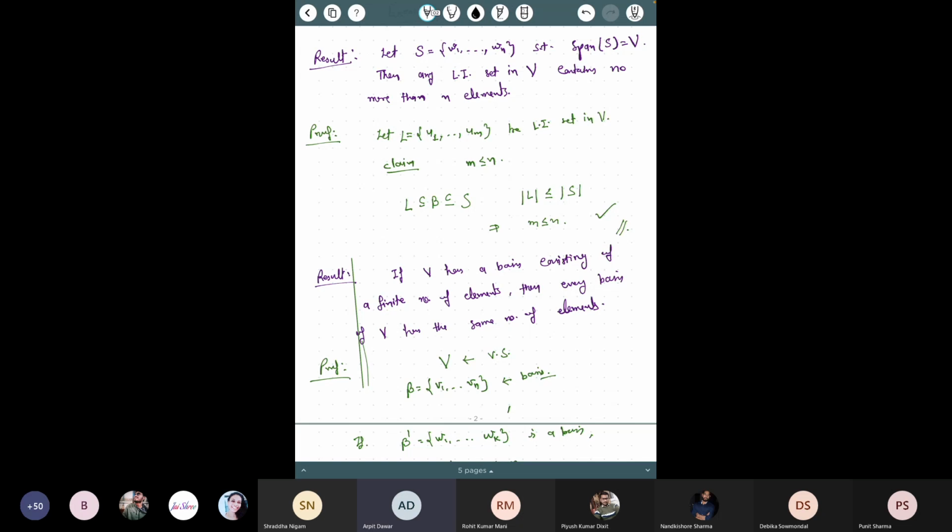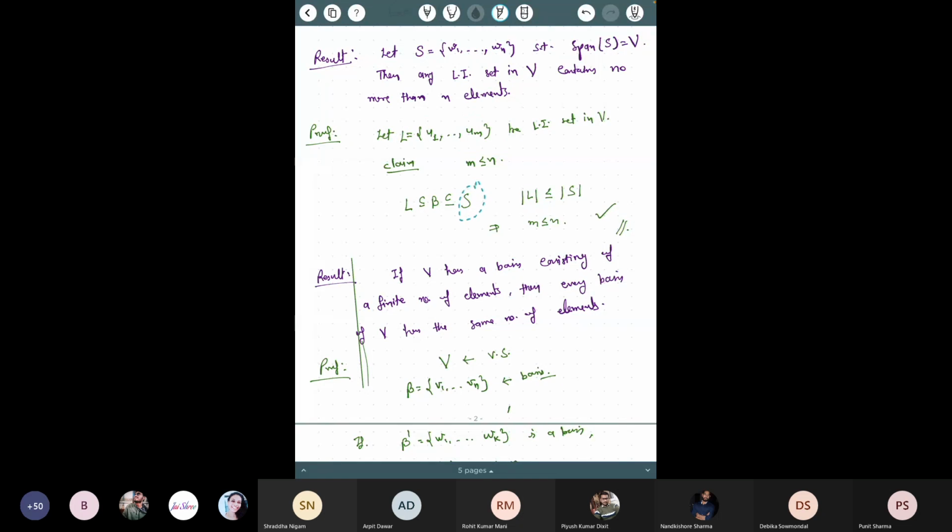So here you are saying that this is L, and then this, right. Okay, that's a good point. You have noticed a good point here, I missed that. So he's saying that you are taking this L as a linearly independent set. This is fine. S is a spanning set. This is also fine.